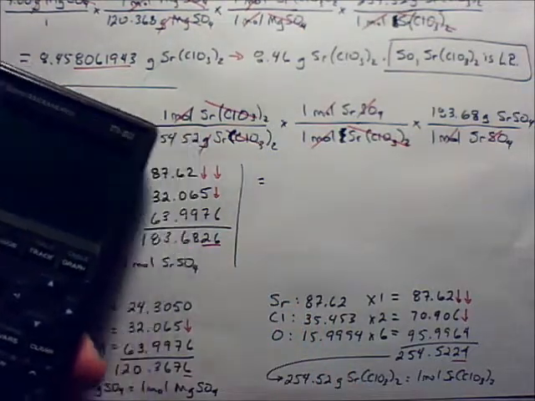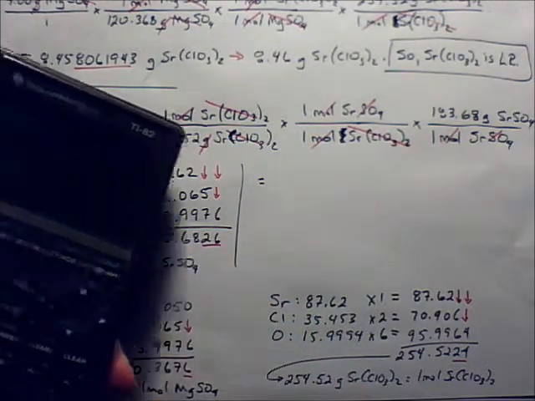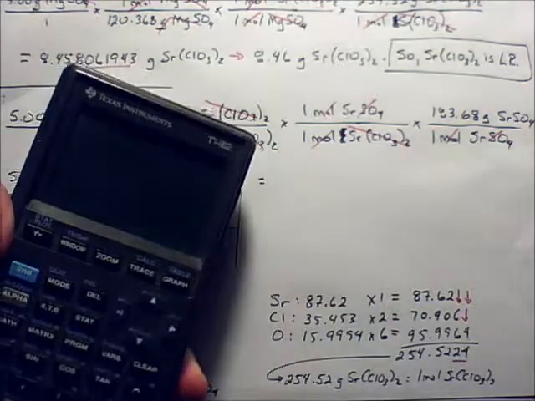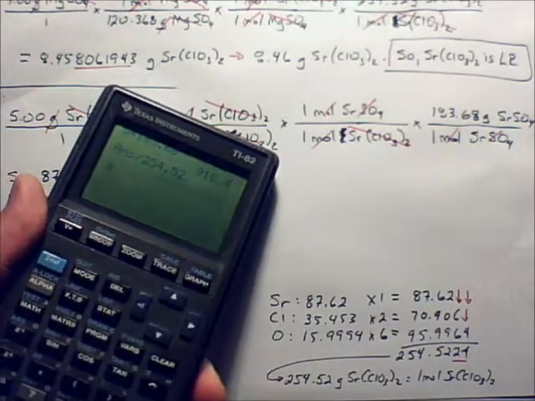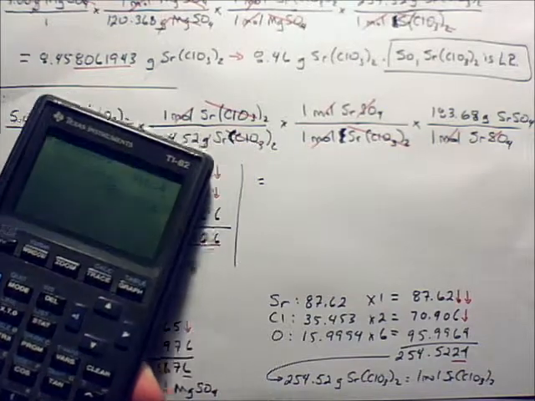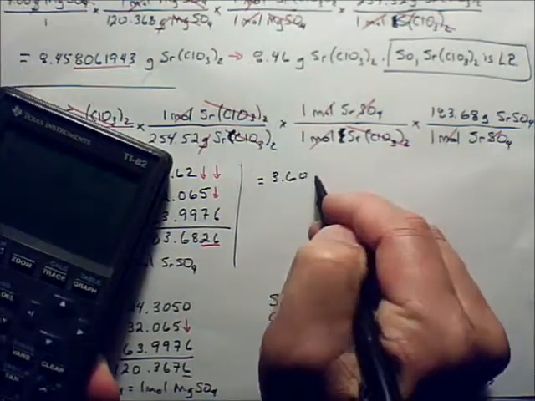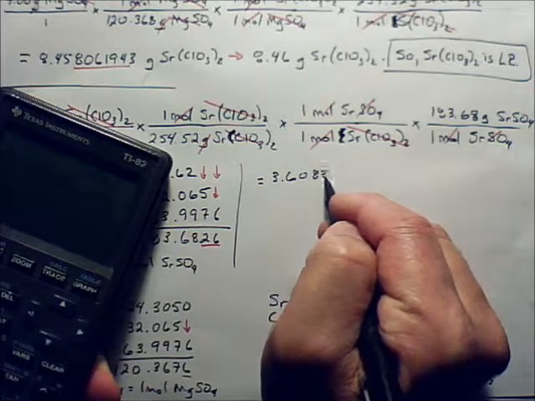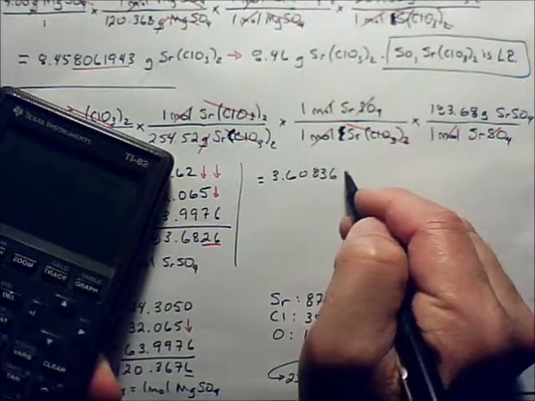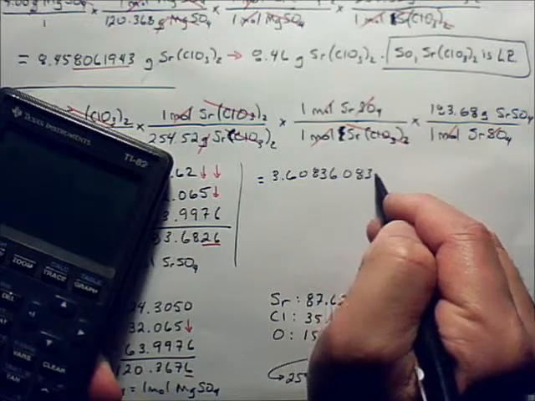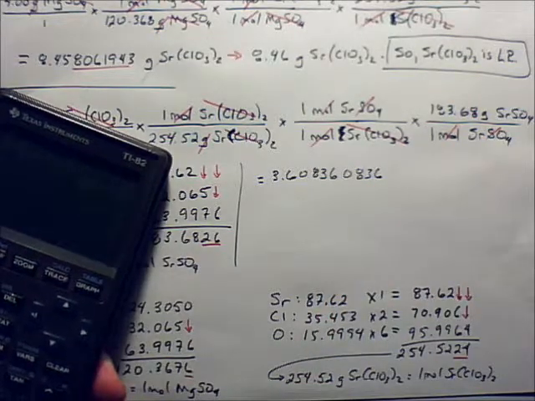So we're going to divide by 254.52. And we get this great big long number, 3.60836086. Looks like we got some numbers that are going to repeat.